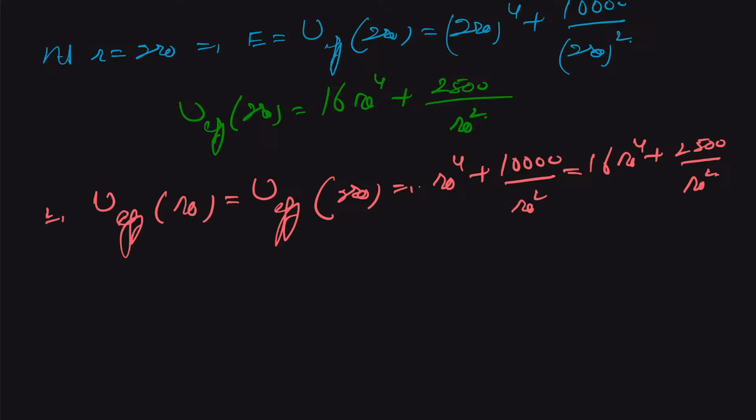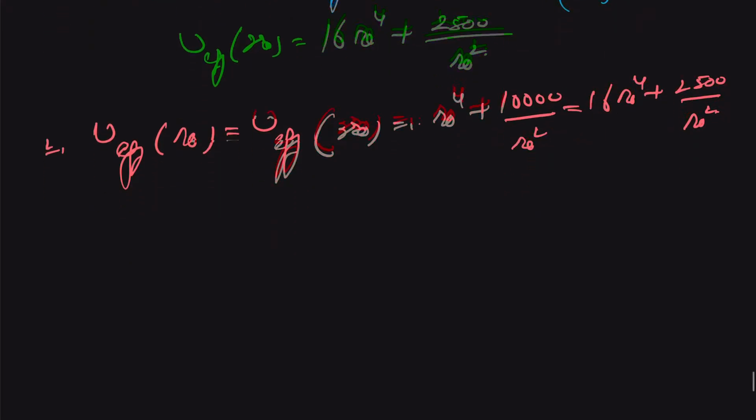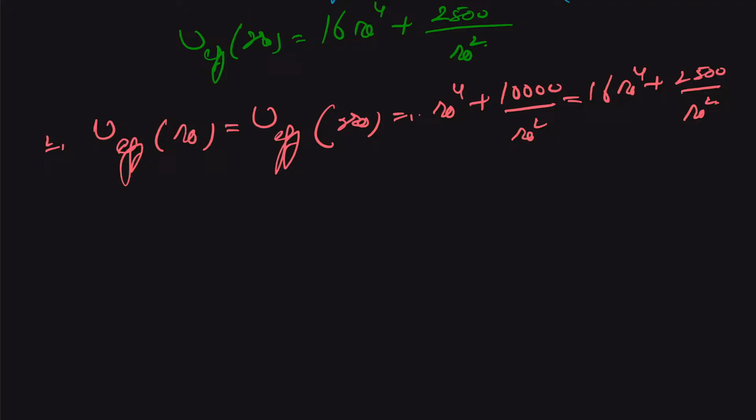Now it is a simple calculation, and for that we can just write this as 16 R0^4 minus R0^4, and this will plus 2500/R0^2 minus 1000/R0^2 equal to 0.